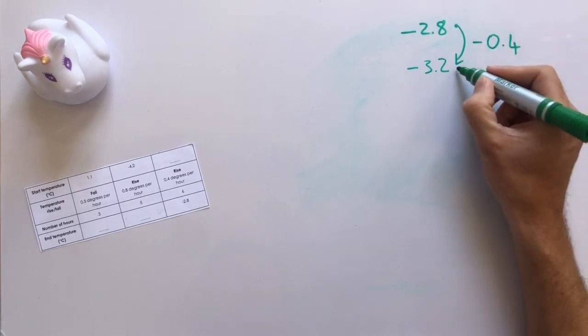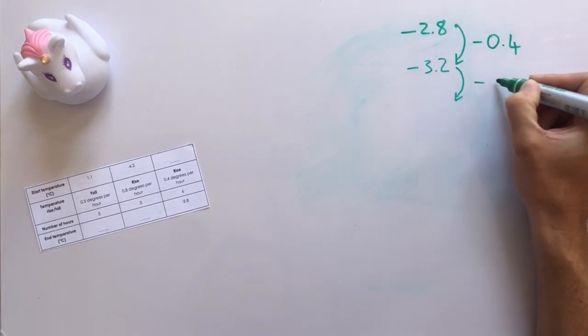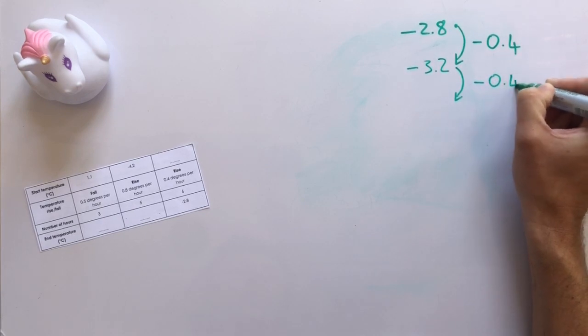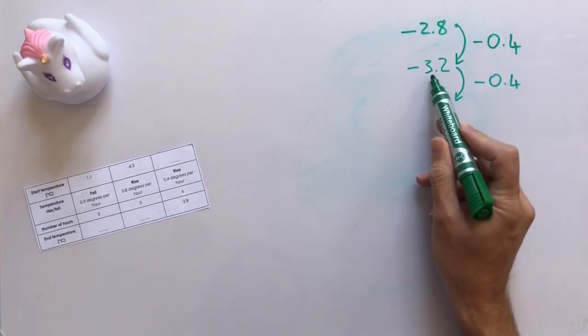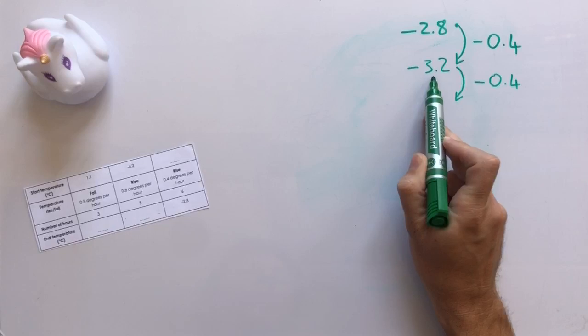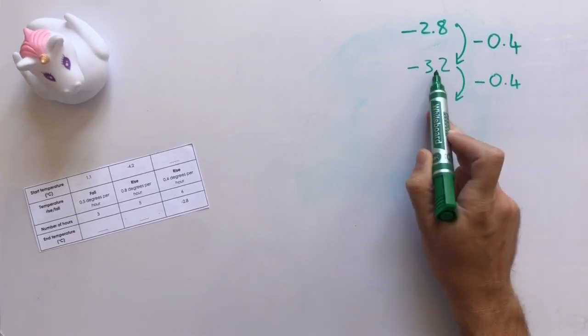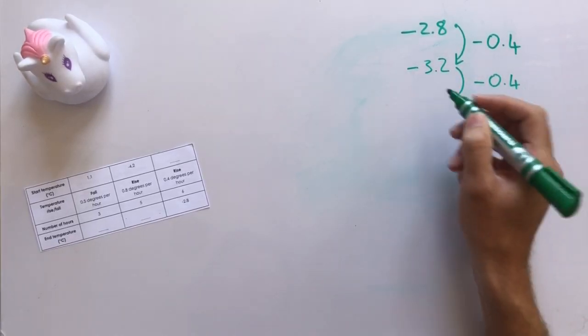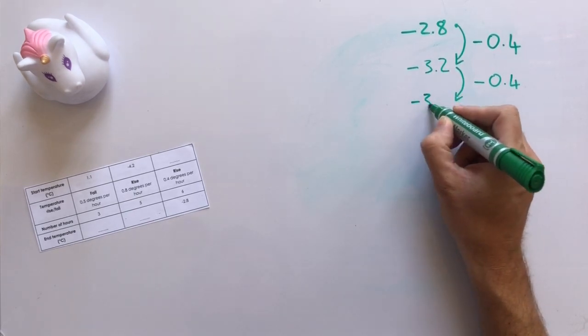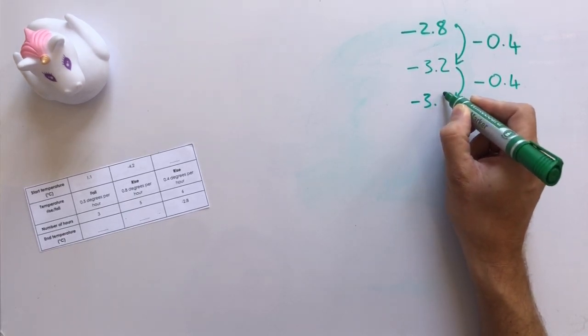And I'm just going to do that 6 times. Going to take away another 0.4. So negative 3.2 minus 0.4, or 32 plus 4, is going to give me negative 3.6.